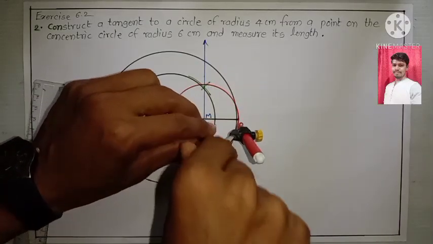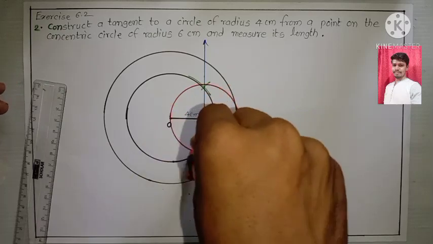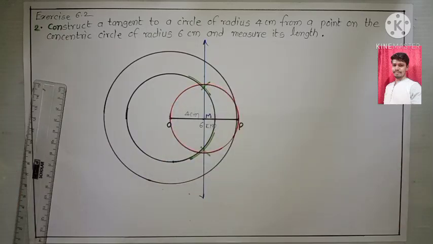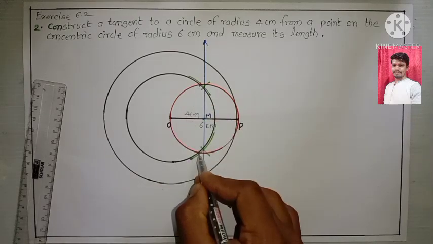This is the third circle. This third circle intersects the inner circle here and here.